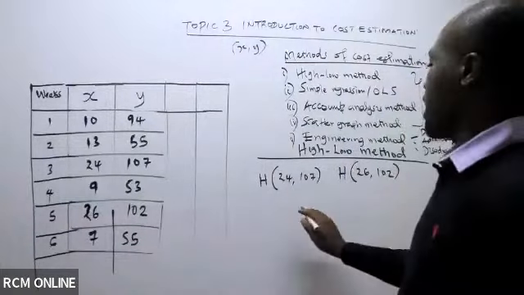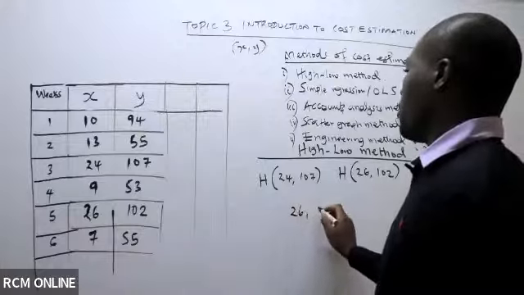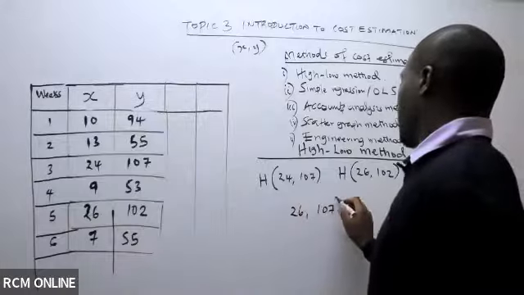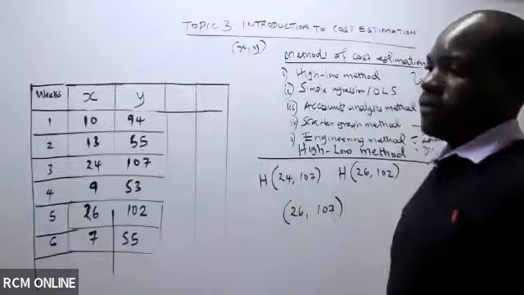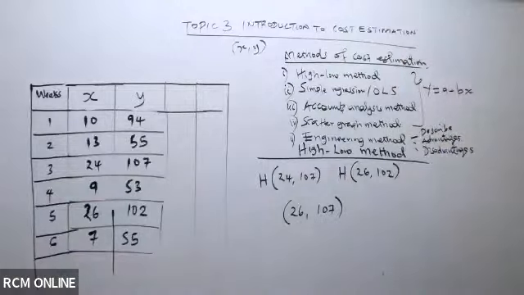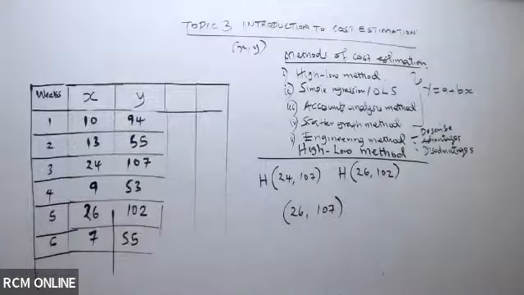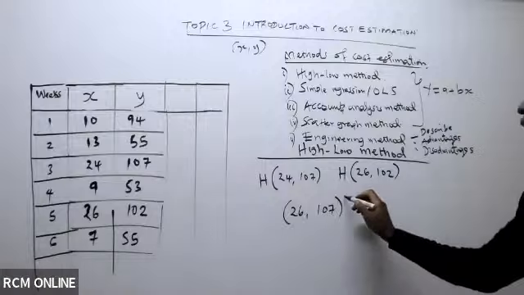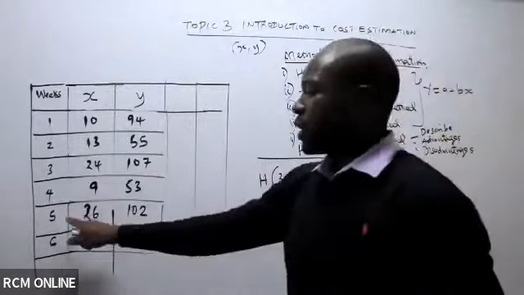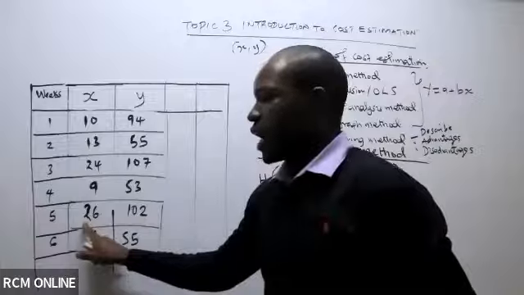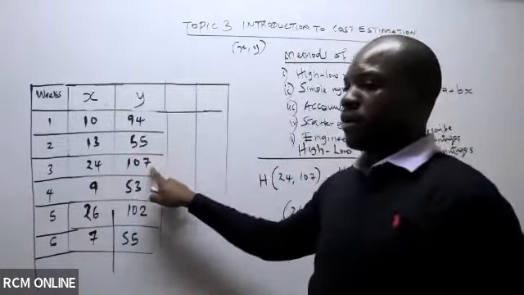But someone who comes here and tells us 26, 107, we should not forgive him or her, right? Because we agreed we cannot take what happened in week 5 and compare it with what happened in week 3.